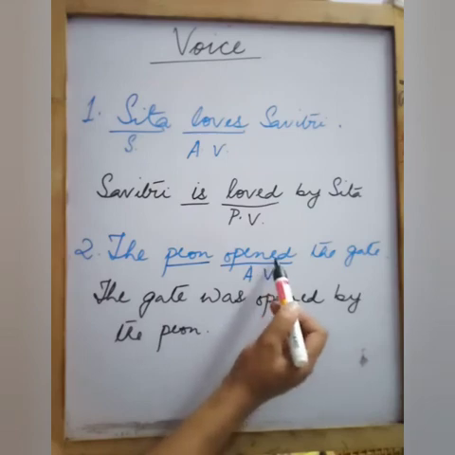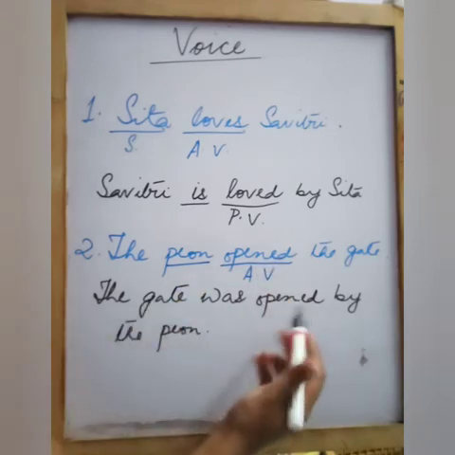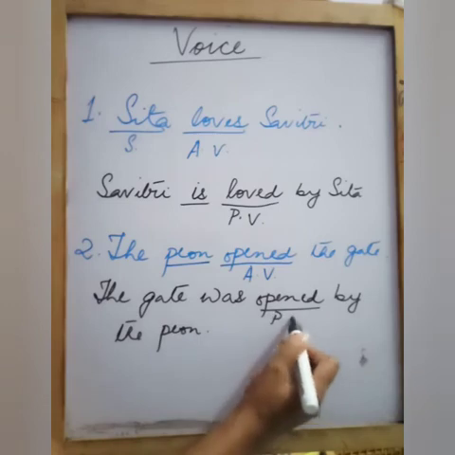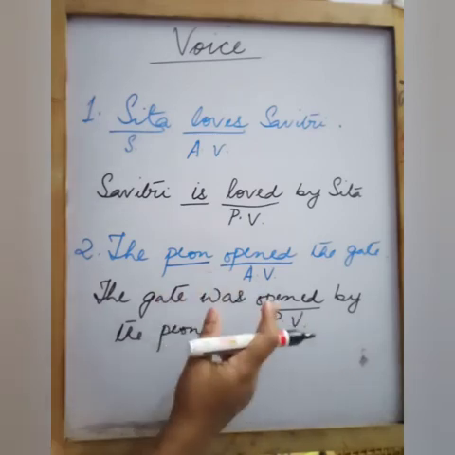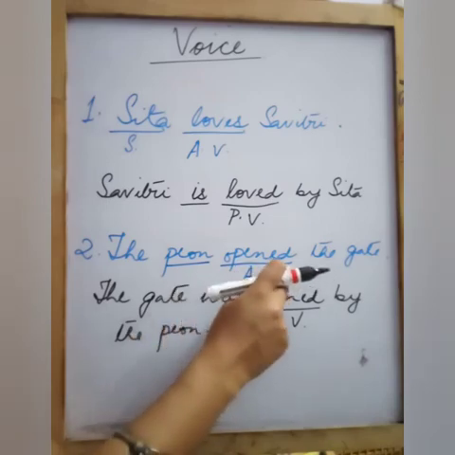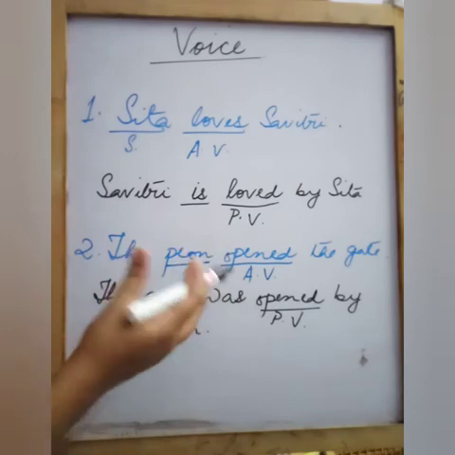Why? Because here it is in the past tense, isn't it? The peon opened the gate, isn't it? So when we change it into the passive voice, it will be the gate was opened by the peon. Why? Because it is in the past tense. So see, it is very easy, simple also.